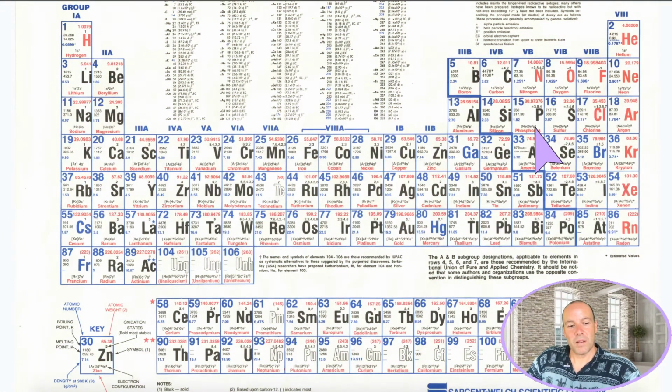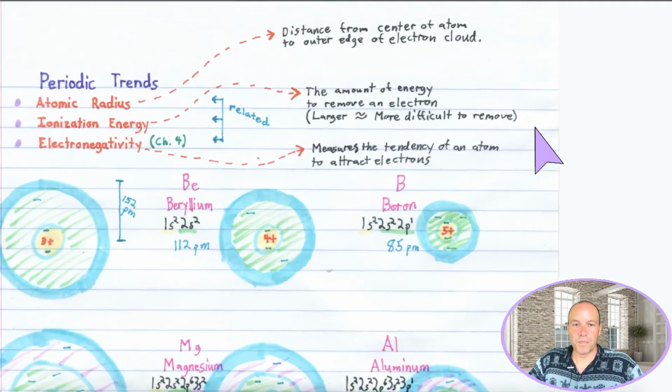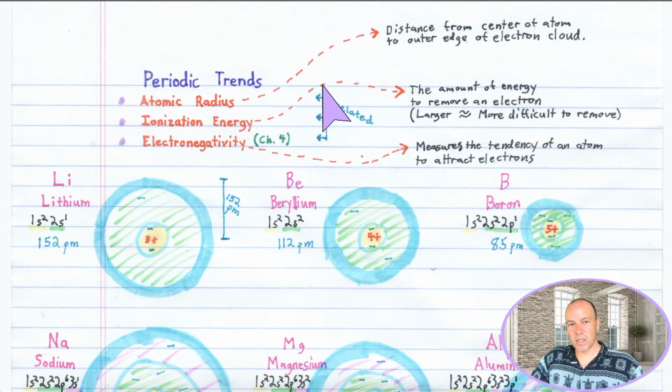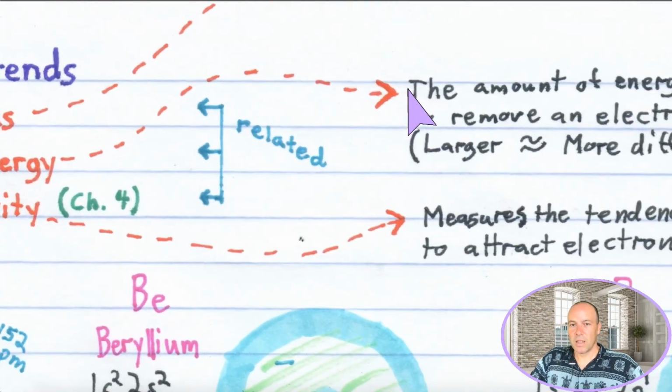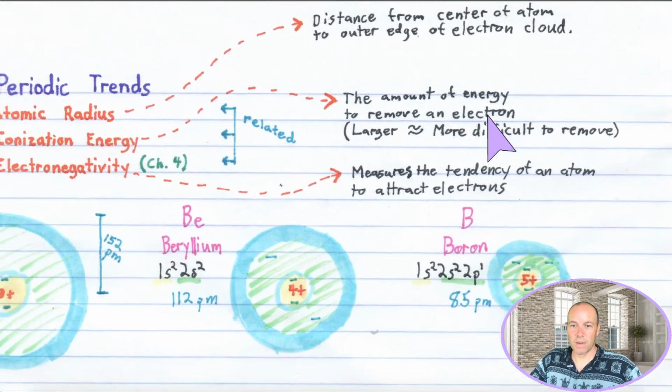Okay, now the other trend that we discuss, which is closely related to the atomic radius, is the ionization energy. So the ionization energy, let's see what this is. This is the amount of energy to remove an electron, the amount of energy that it costs to remove an electron from an atom.